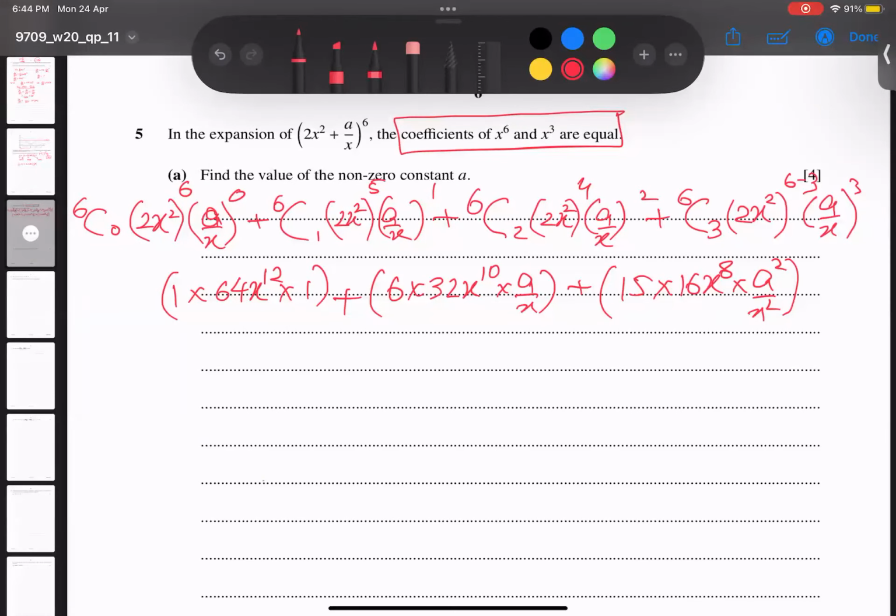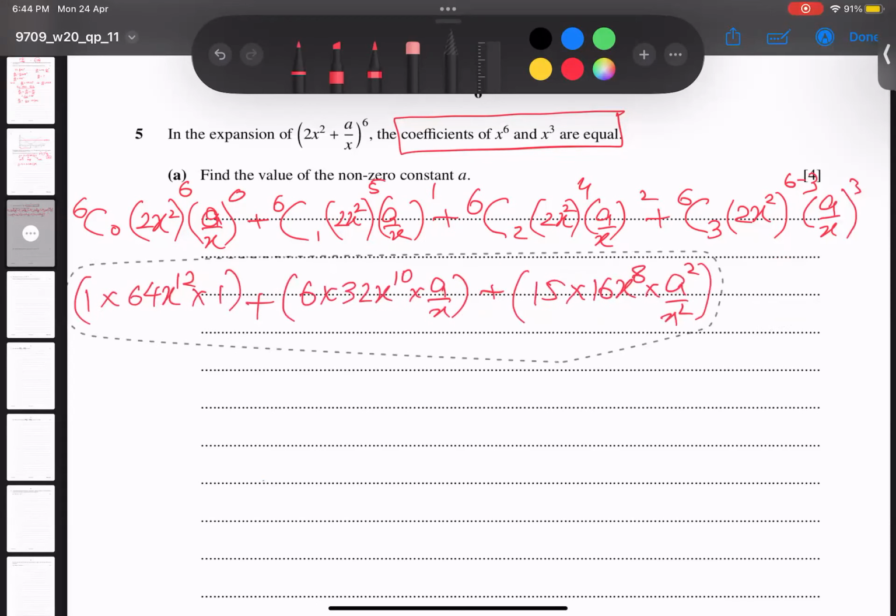If I evaluate this one, 6C3 is coming 20.